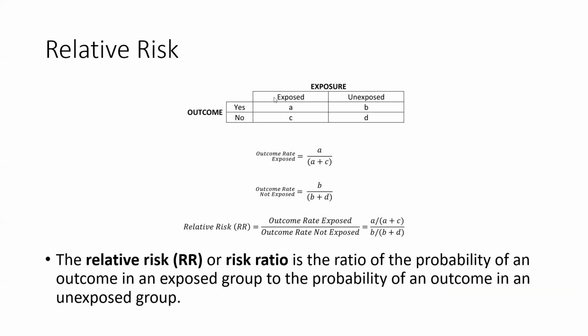So again, it might not be exposed, unexposed, or outcome yes, no. You want to make sure that you have the positive and the negative, if it's a binary outcome, structured in this manner, and then just follow these various equations, and you'll derive these particular values.